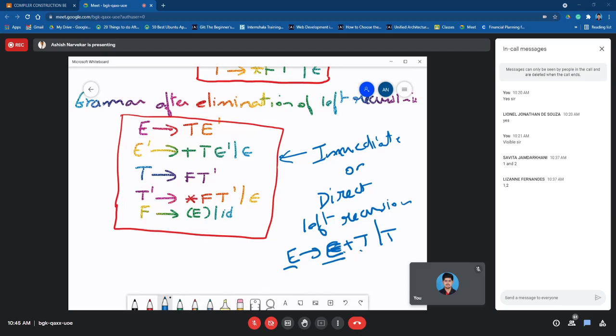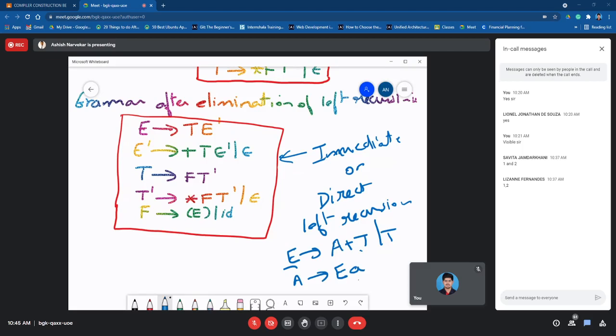At times, it might happen that it is something like E derives A plus T and A derives something like E small a, something of this kind.